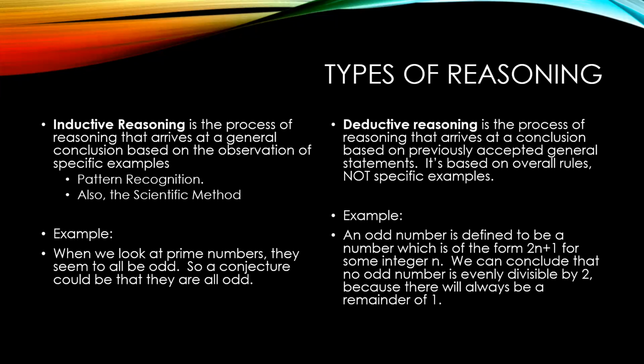A mathematical example might be when we look at prime numbers, they seem to all be odd. So a conjecture could be that they are all odd. Of course, that conjecture is false because 2 is an example of a prime number which is not odd. All of the other ones are odd, but 2 is not.